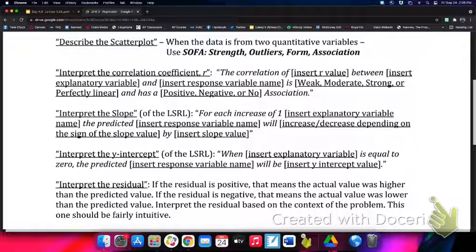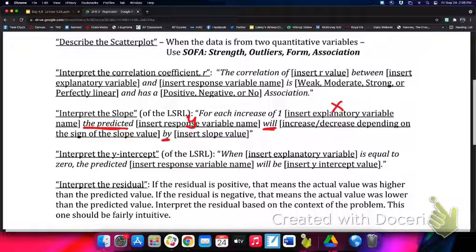For the slope, here's how you're going to interpret it. For every increase of 1 in the x variable, the predicted y variable will either increase or decrease, depending on the sign of the slope, by whatever the slope value is.